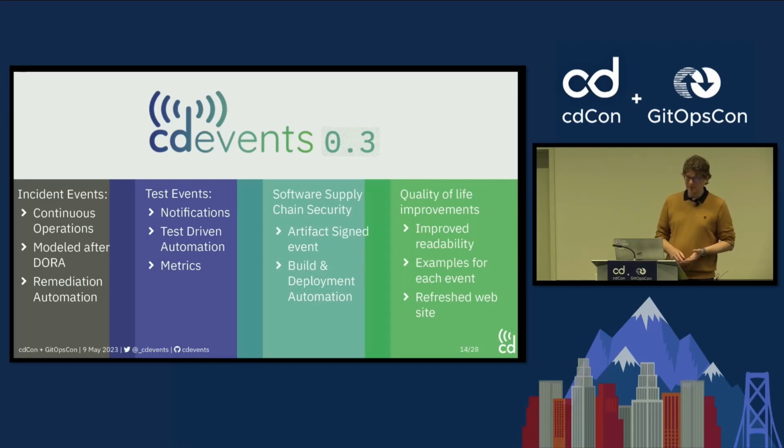We also had new contributors to the project, the TestCube project. They contributed a revamp of the test events, which can be used for test-related automation. We introduced events in the area of software supply chain security for artifacts signed.